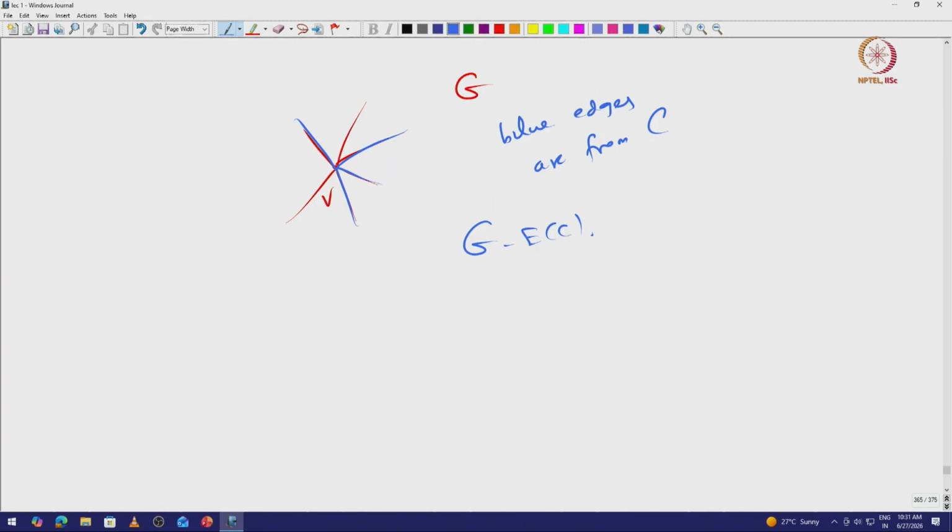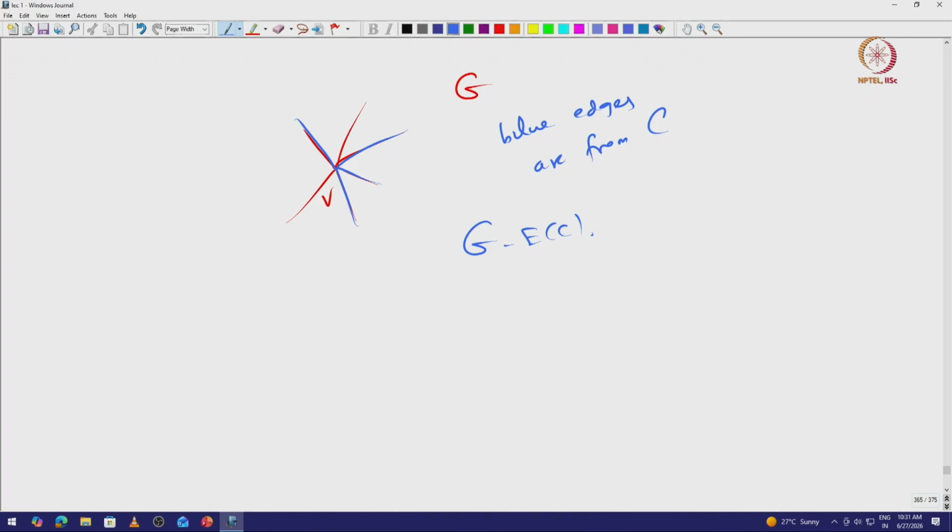So, that tells you that all the vertices in G minus E of C must have even degree. That means it has no vertices of odd degree. In particular, any connected component must satisfy the same property.